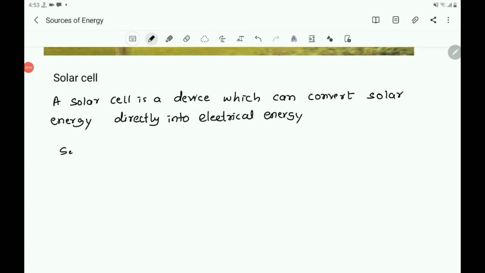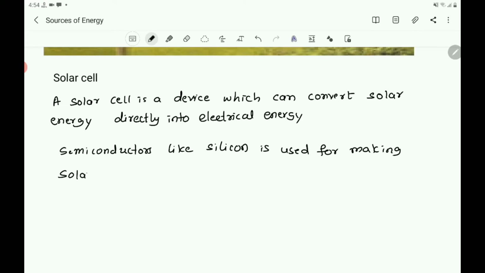Semiconductors like silicon are used for making solar cells. So silicon is used for making solar cells, and silicon is a semiconductor.